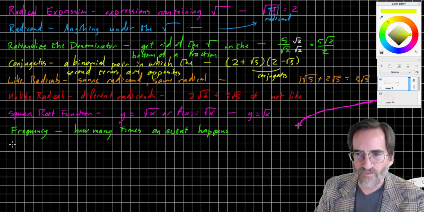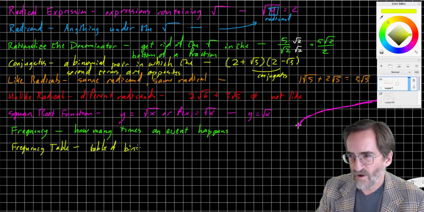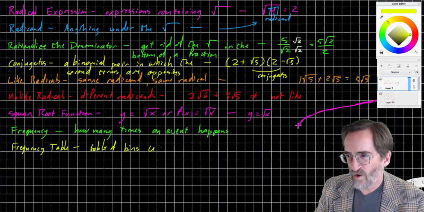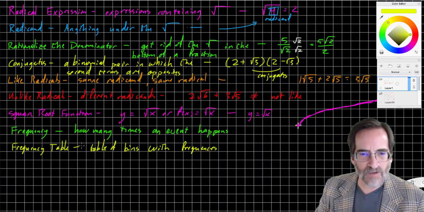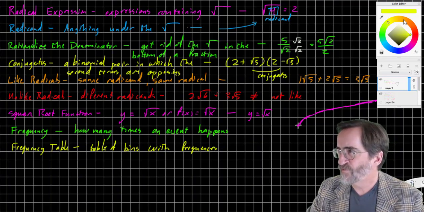Frequency table, a table of bins with frequencies. Okay, frequency table, and we'll do cumulative frequency table.